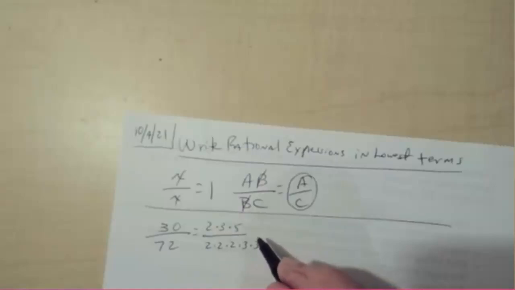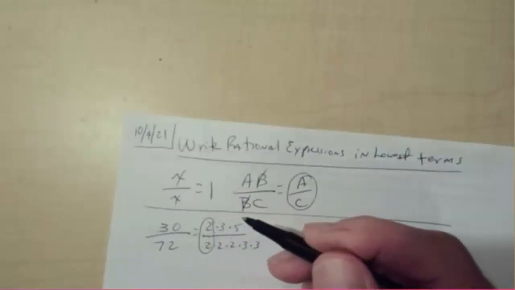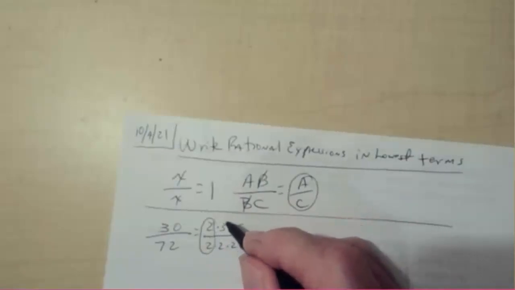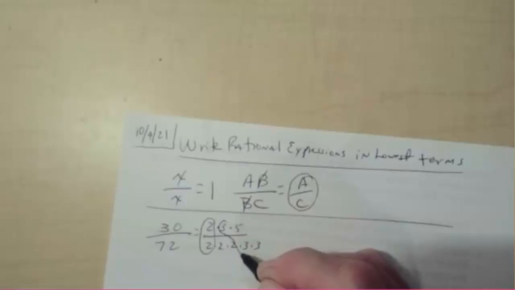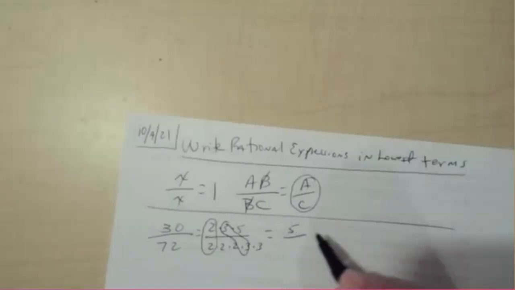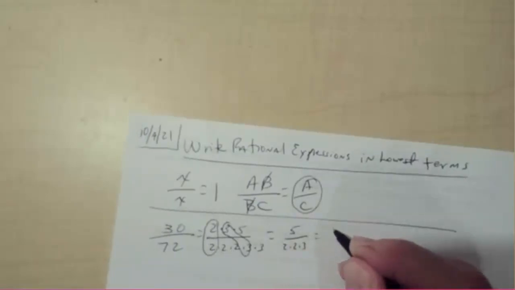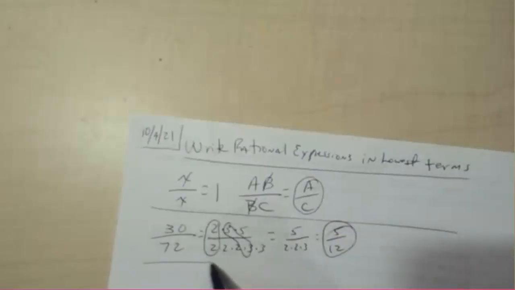Right? I think so. The 2 divided by 2 is 1. And 3 divided by 3 is 1. So what are we left with? 5 in the numerator, and 2 times 2 times 3 is 12, so 5 over 12. All right.